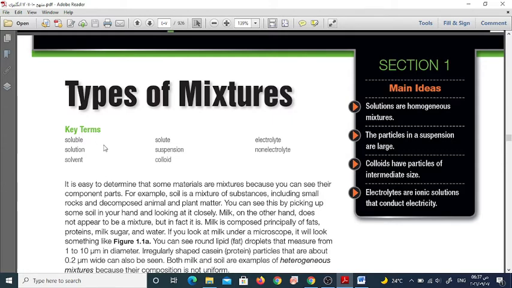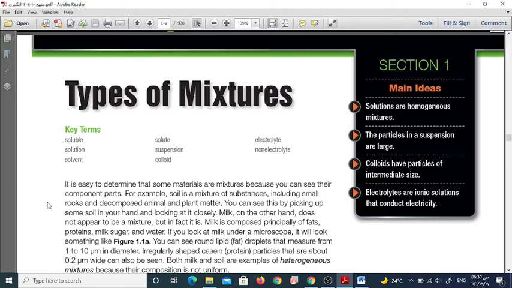Actually, there are some terms, as I said, you should know. They include soluble, solution, solvent, solute, suspension, colloid, electrolyte, non-electrolyte, and you should know the concentrations as well, including molarity and molality.